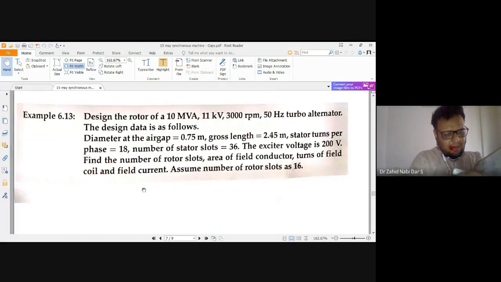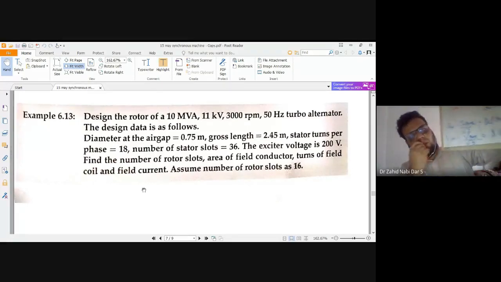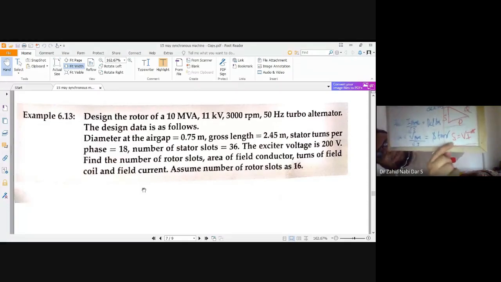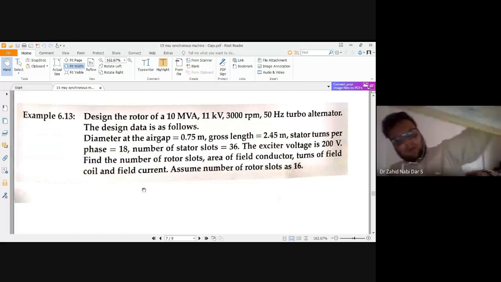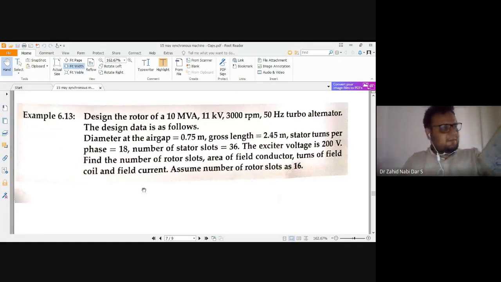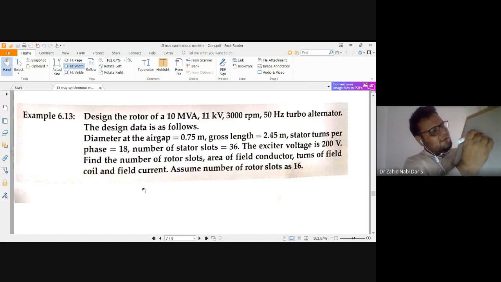Q and S. So S is VI conjugate. This is the value of S. Can you see? So this is your complex power, and S would always be given as root 3 VI.